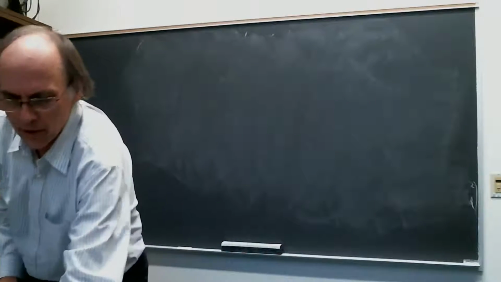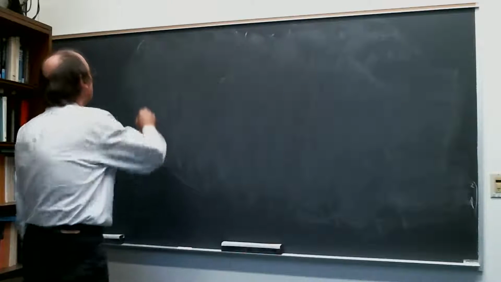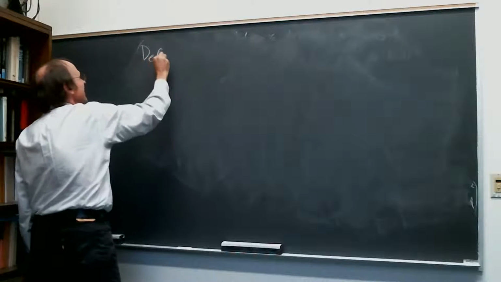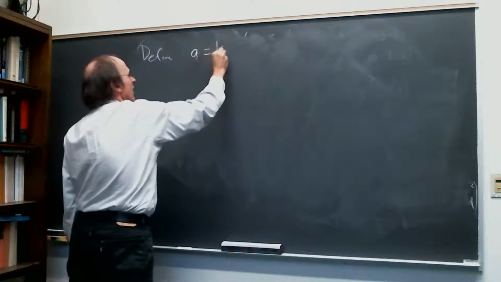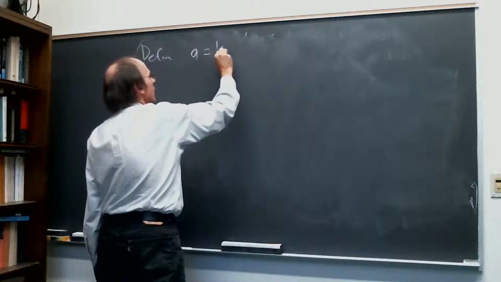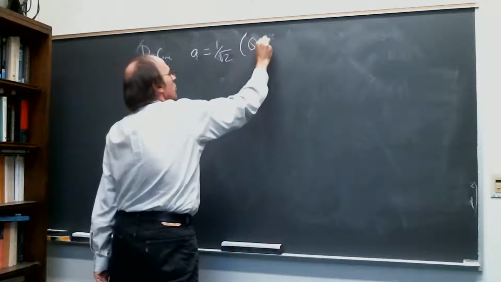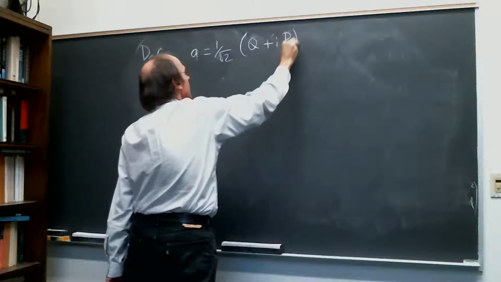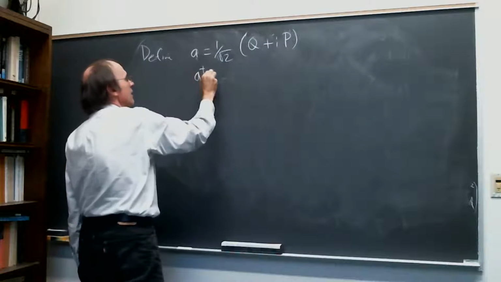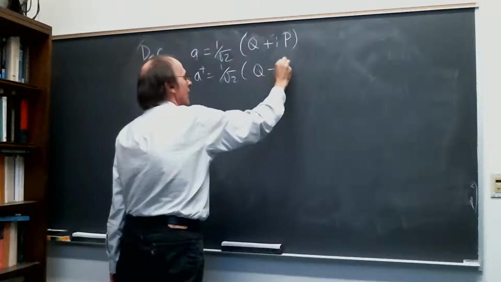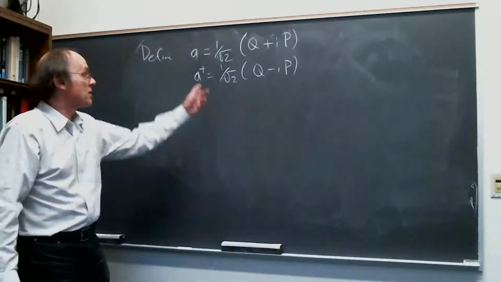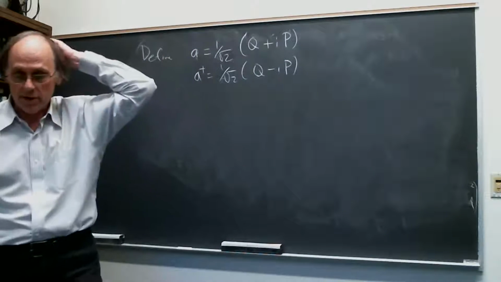You define A as 1 over the square root of 2 times (Q plus iP), and A dagger as (Q minus iP). And then the idea is you work with these things instead of the Q's and P's.